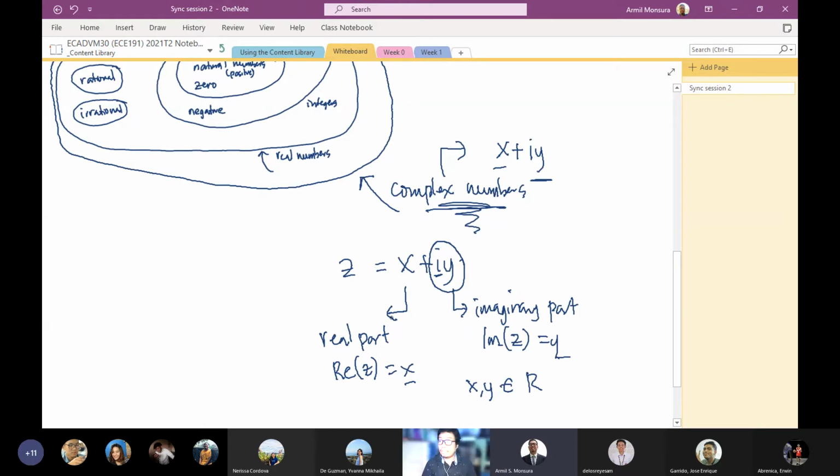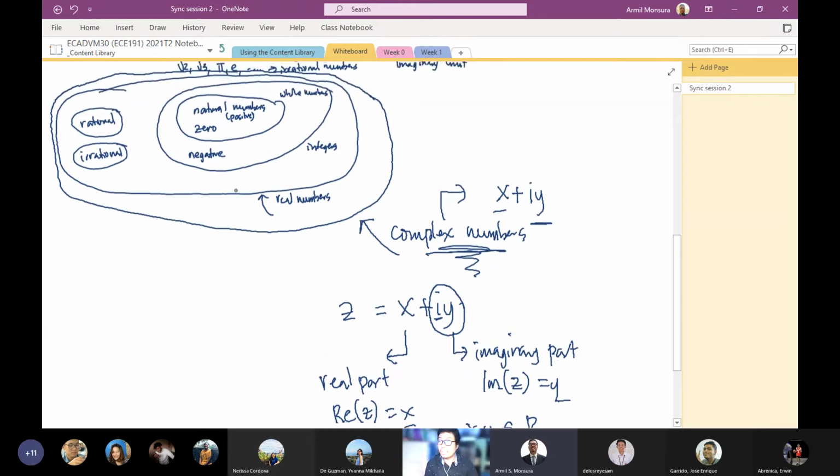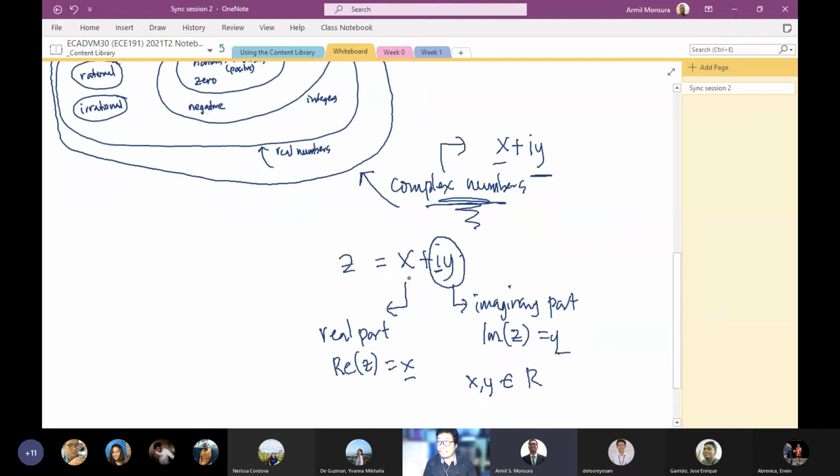So, that is why we can say that a complex number can actually form a larger set, or we can form the complex numbers from real numbers. Because basically, the component parts of your complex number are both real numbers.